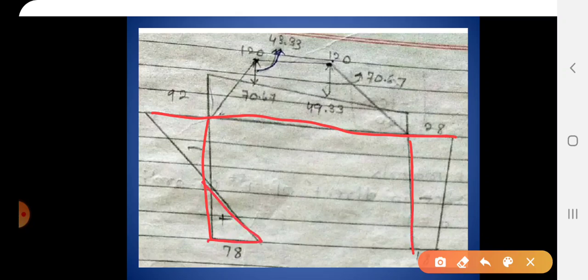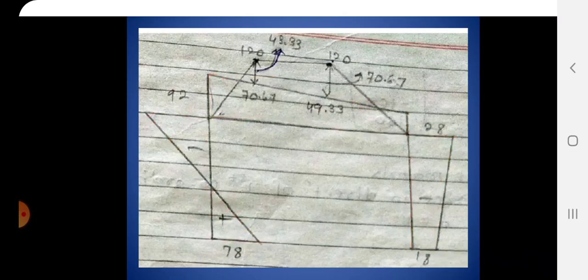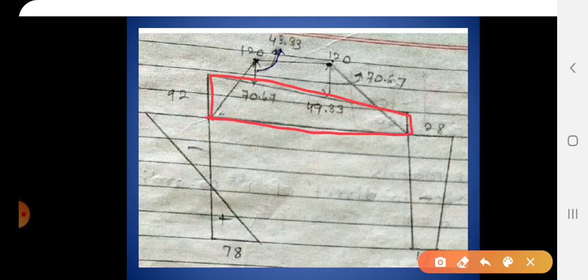Sagging, therefore positive, then hogging 92, hogging 28, and this value is again hogging 18. Okay, hogging 18. Therefore you have drawn this trapezoid, and this is hogging moment, so all values are minus.